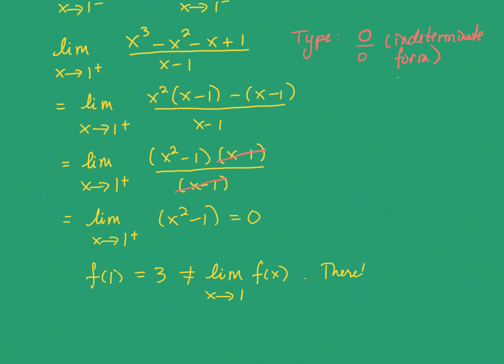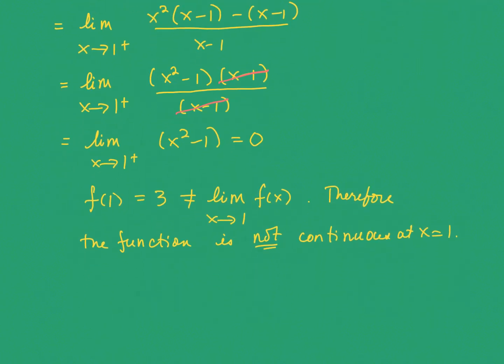Therefore, the function is not continuous at x equals 1. And it was continuous at 0. We checked that already, and continuous everywhere else. So we can end this. We were asked to give the intervals on which f is continuous. So our solution, our final answer: f is continuous everywhere but 1.